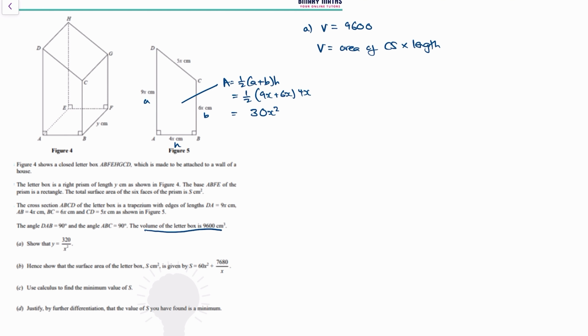The area of cross-section is 30x squared, times the length y. So V is equal to 30x squared y.